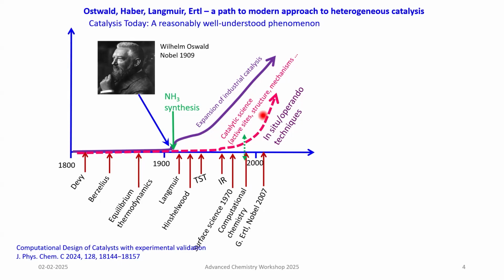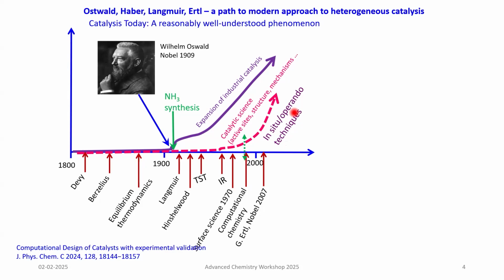That takes you to what is called in situ techniques, operando techniques: in situ XRD, in situ XRF, in situ IR. They started using these techniques to get more information about how reactions are going on the surface of the catalyst. So this is a current one.